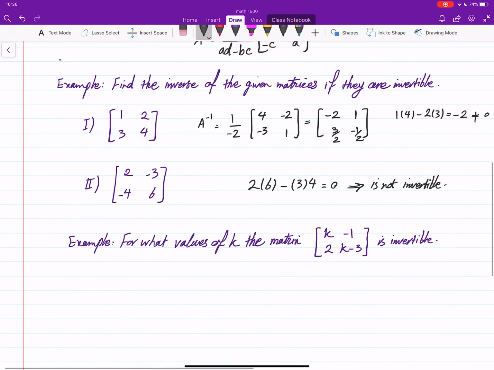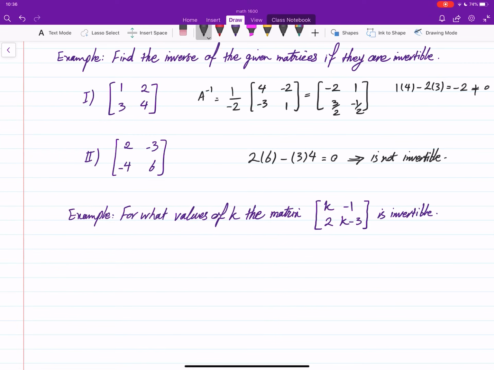Well, we can have different questions like this one also: for what values of k is the matrix invertible? So A, here's k, times D minus negative 1 times C. It is invertible if this is non-zero.